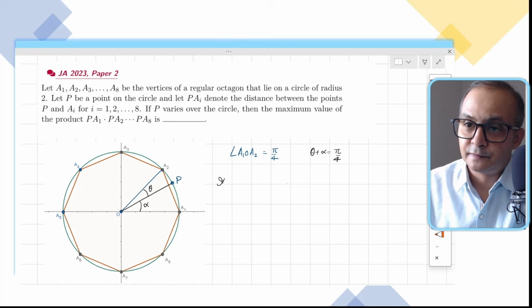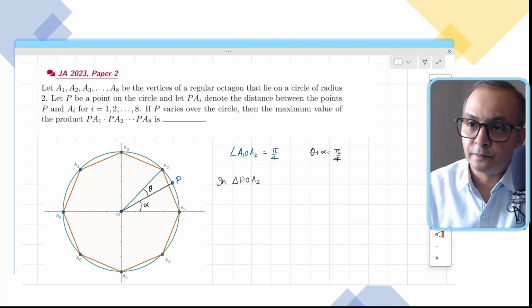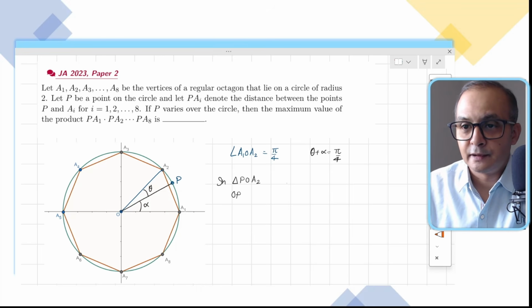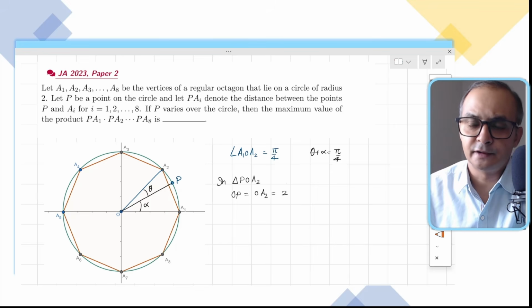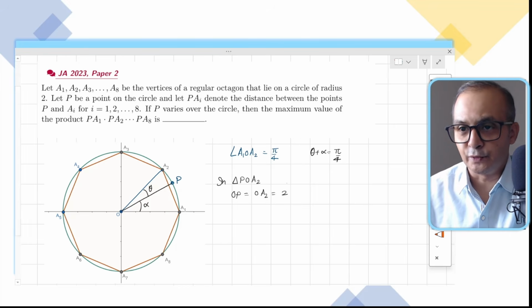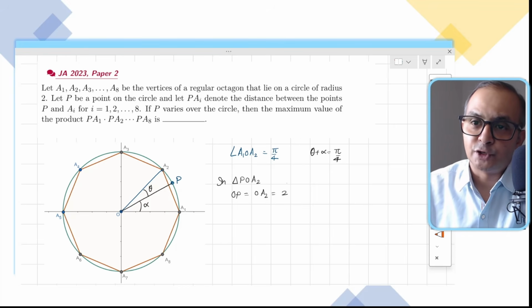In triangle POA2, you notice OP and OA2 are 2, because they are radii of the circle. In this triangle, I can use the sine rule in this way. If I join PA2, it will make a triangle here. You understood?